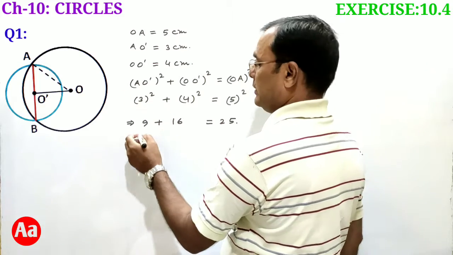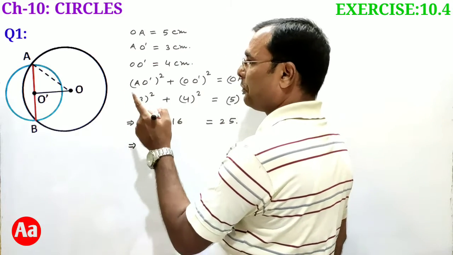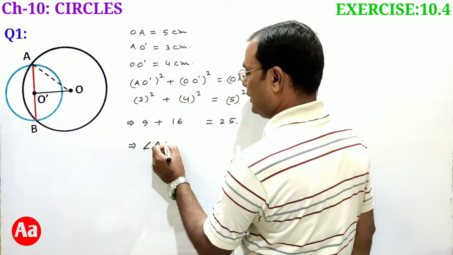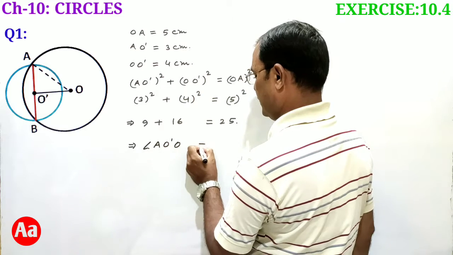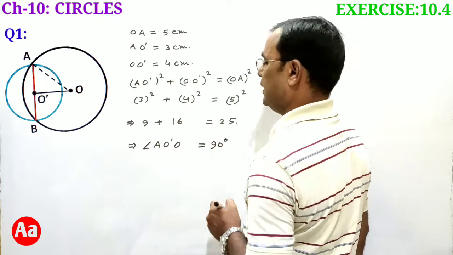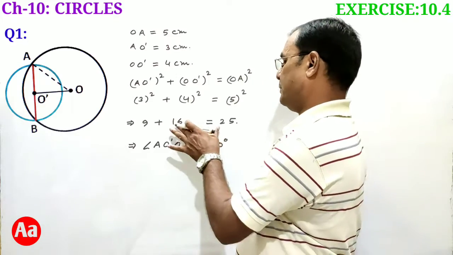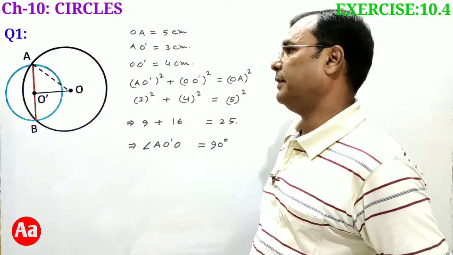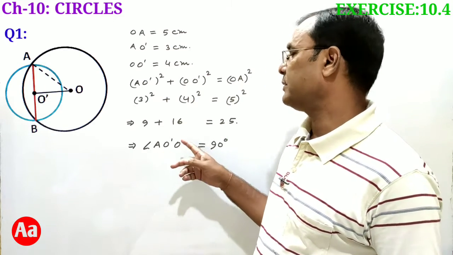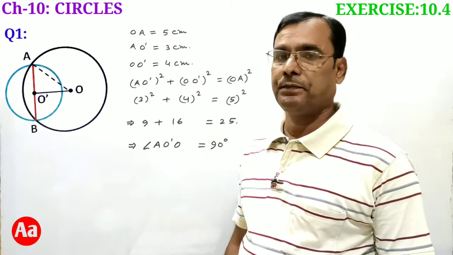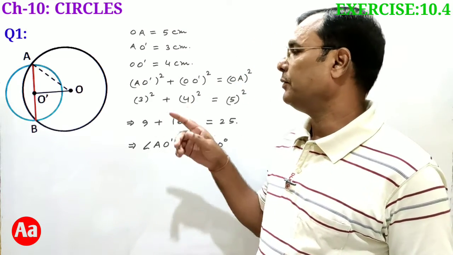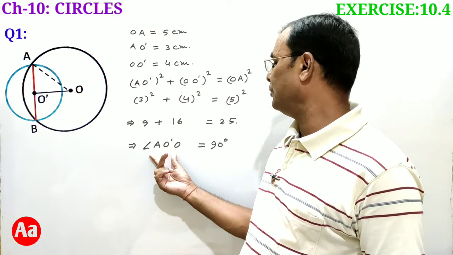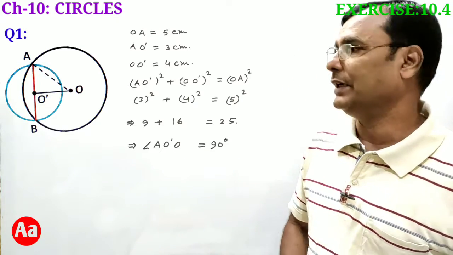That means angle AO dash O is equal to 90 degrees. This Pythagorean triplet is verified for 3, 4 and 5. AO dash, OO dash and OA form a triangle AO dash O with angle AO dash O equal to 90 degrees.